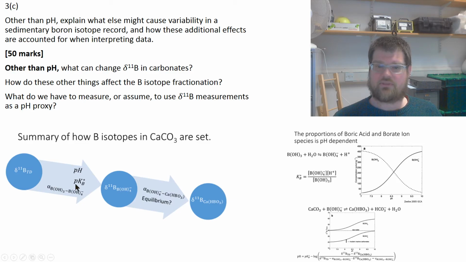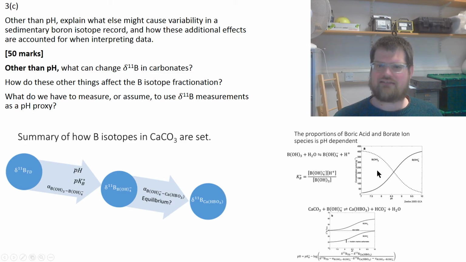There are the equilibrium constants for the dissociation of that boric acid. There's the isotope fractionation factor between boric acid and the borate ion. And all of those things can change the isotopic composition of the borate ion. And then that has to get into the carbonate. So there's an isotope fractionation between the dissolved boron in the borate ion and in carbonate. And is that exchange actually in equilibrium?